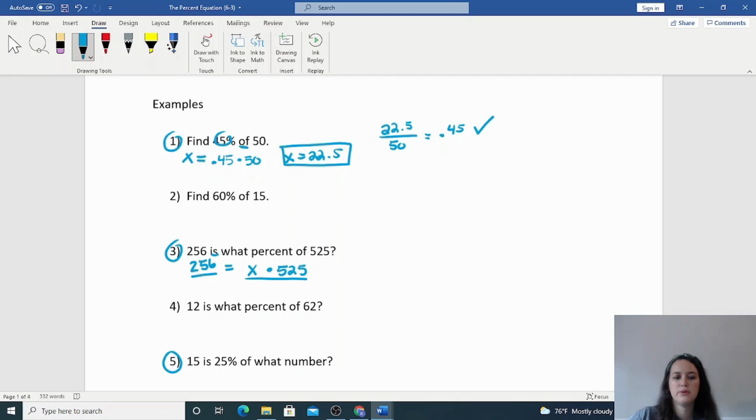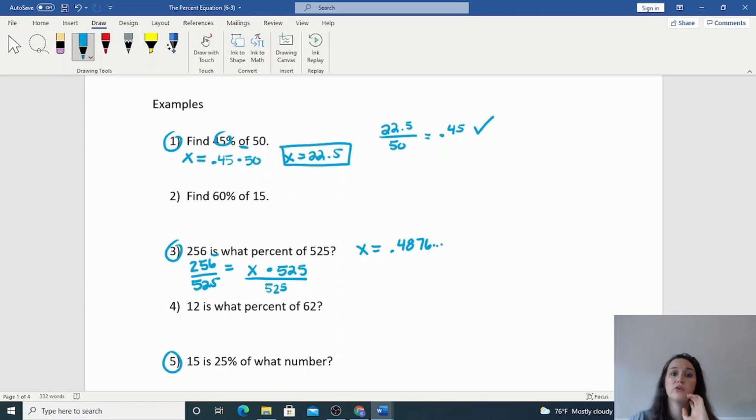I'm going to divide both sides by 525. So 256 divided by 525, I'm getting 0.4876, and then it keeps going. But I'm looking for what percent.